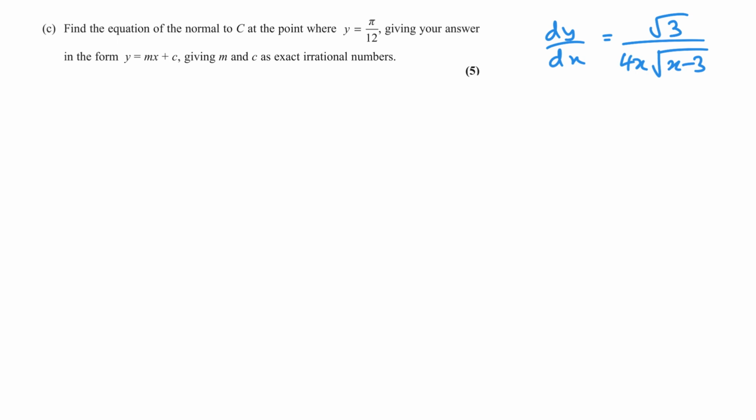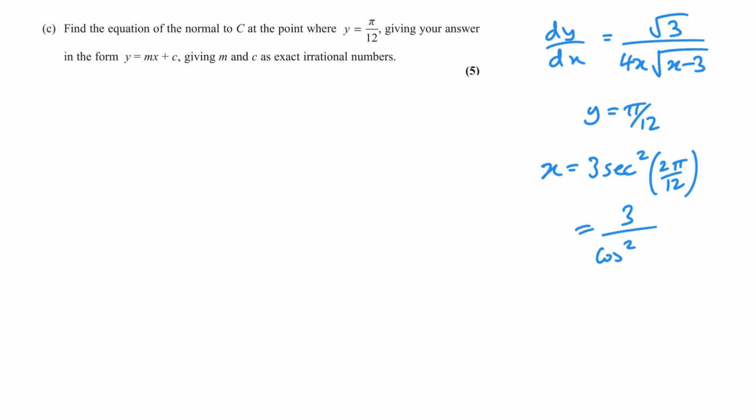Okay, final part C. So we need to find the equation to the normal at the point where y equals pi by 12. So we can find our x value here. So 3 sec squared, and it's 2y, so 2 pi by 12. So 3 over cos squared pi by 6.